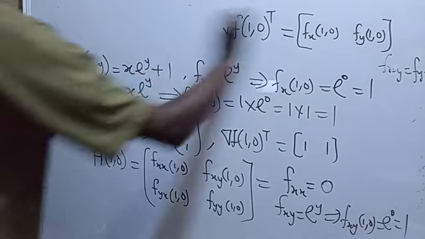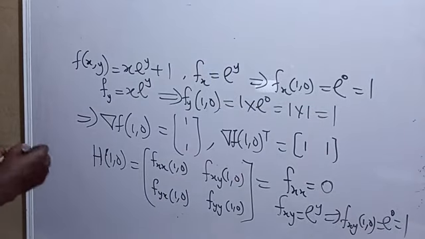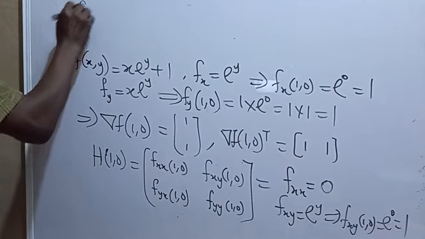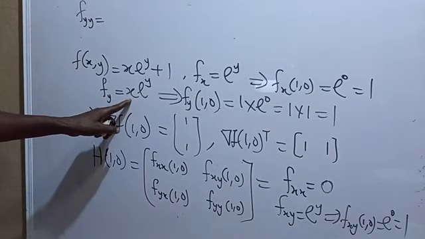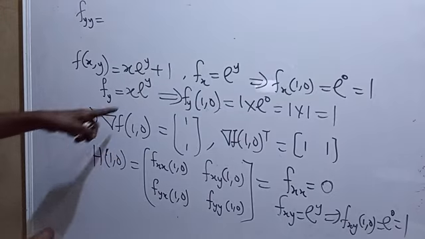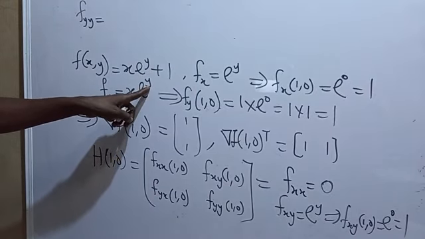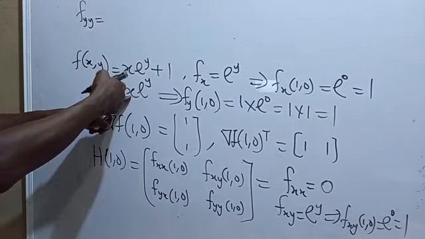So it remains the last one, fyy. Let's go to fy. Our fy is this. Now to differentiate it with respect to y again, that means we differentiate the exponent here. It's going to give us 1. 1 multiplying x.